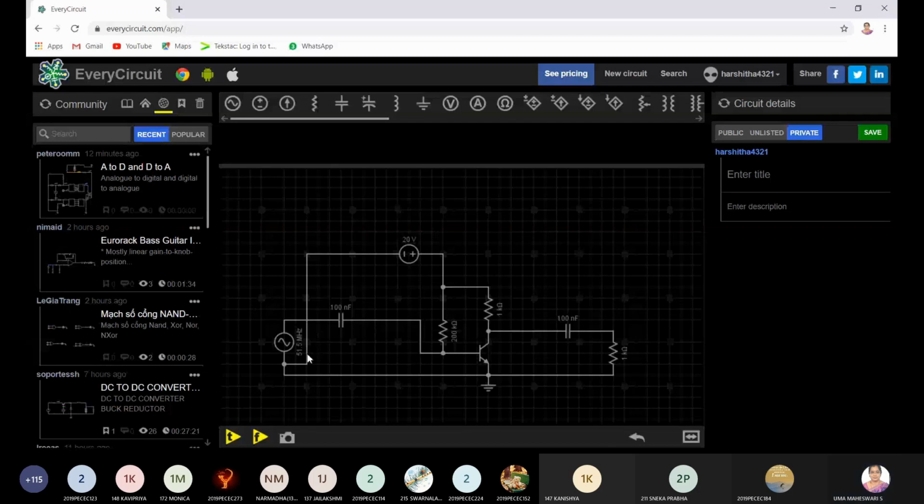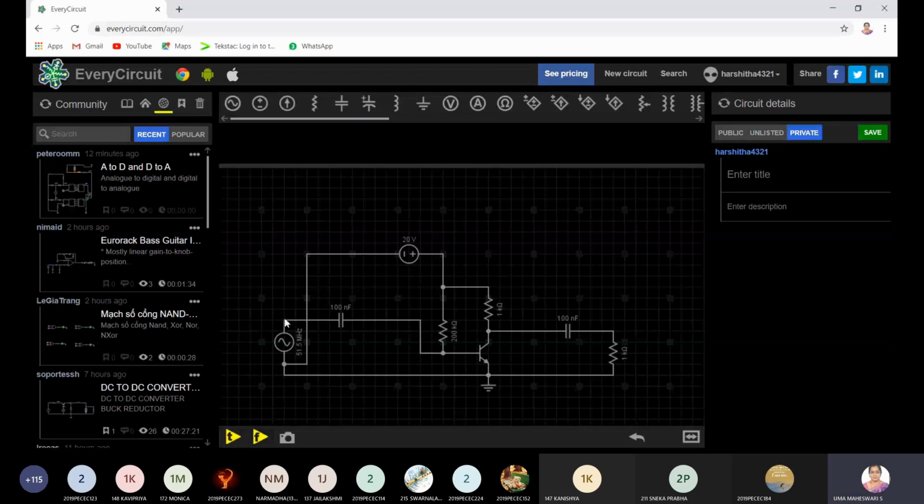That means in the input, I have changed the frequency to 51.5 megahertz. That's why it is showing like this. Able to understand what I am telling? For a frequency response graph, you should change the frequency of the input signal, and at each and every frequency, note down the output. So I shifted the cursor up to 51.5 megahertz and noted the waveform. That's why your function generator is showing 51.5 megahertz.